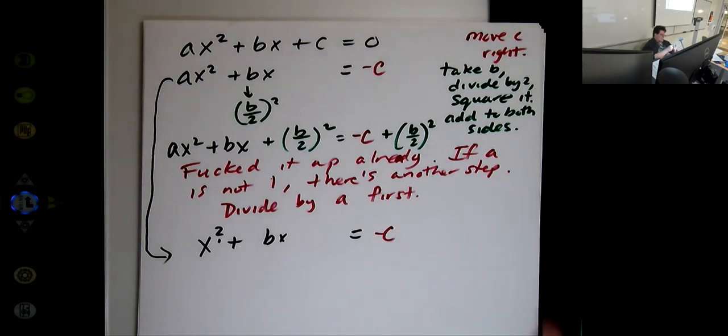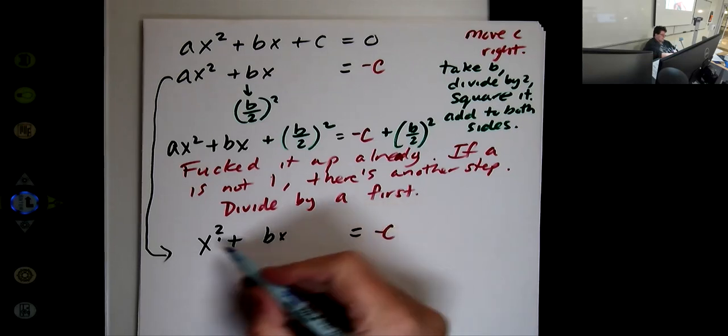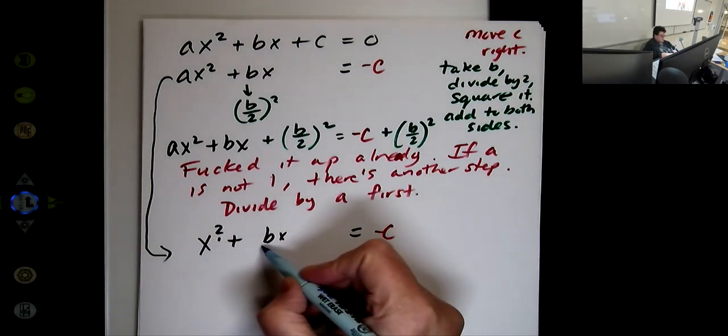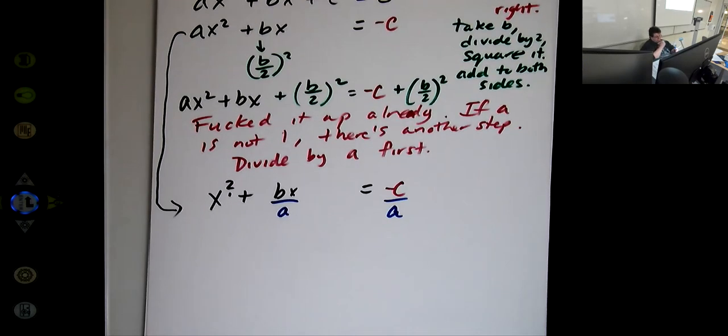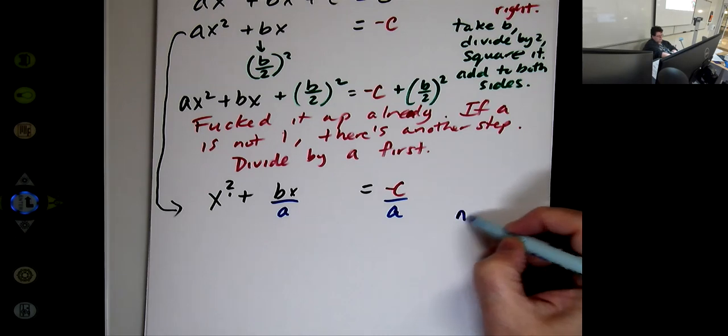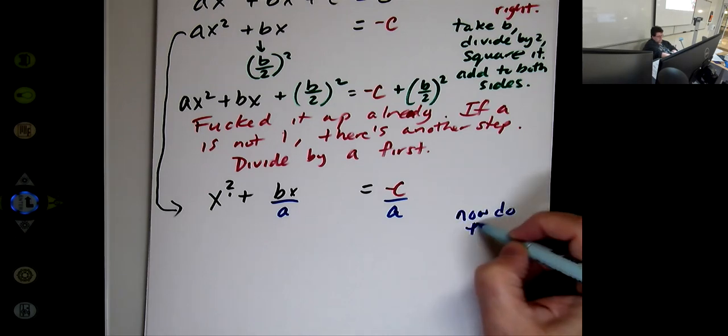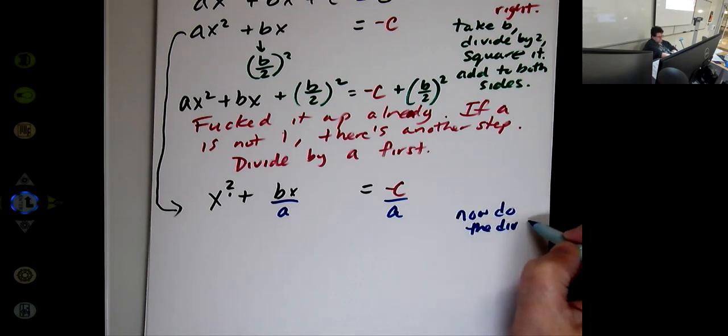And I'm dividing everything by a. The ax squared divided by a is just x squared. This is over a and this is over a. Now do the divide by 2 and square.